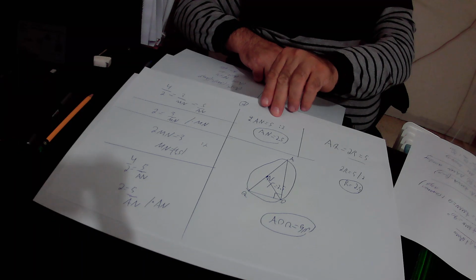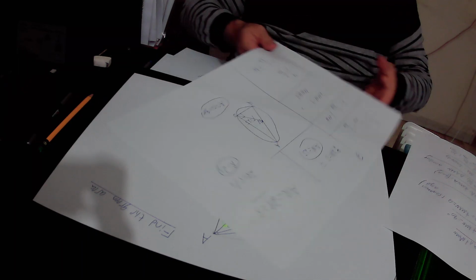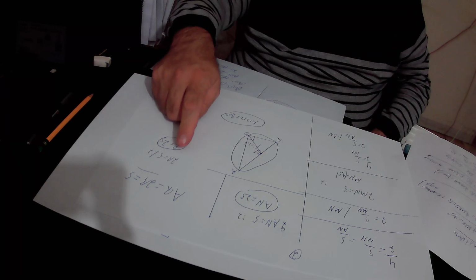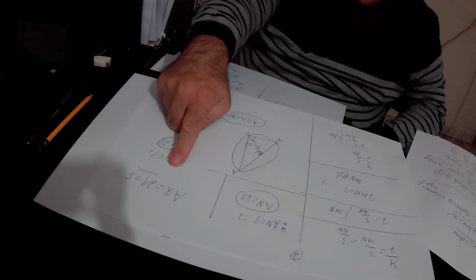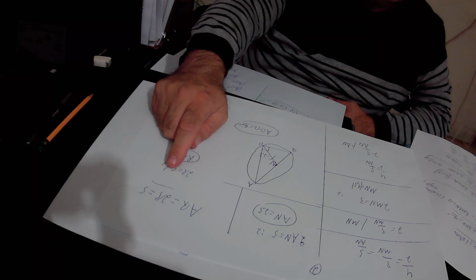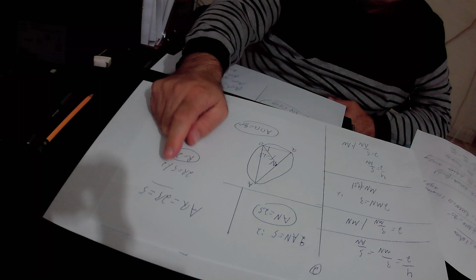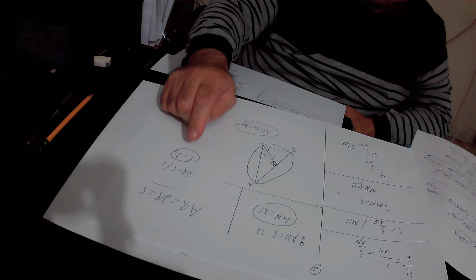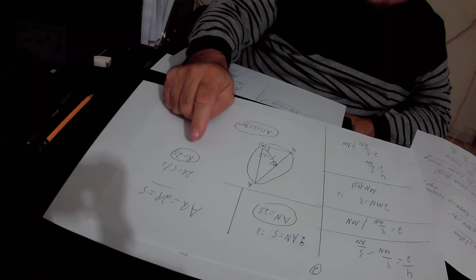Again, AQ is the diameter of the circle, that is to say it equals 2 times the radius. And it is given that AQ equals 5. So from this equation we conclude that 2R equals 5.